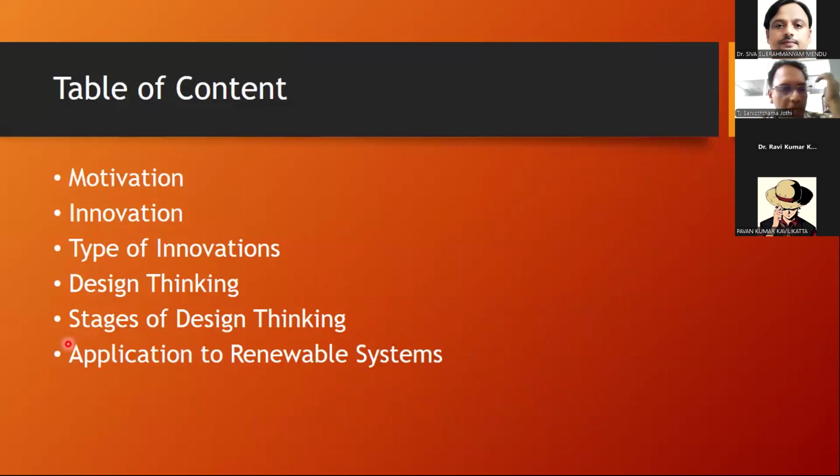First of all, I would like to explain why we have to go with this design and innovations, and why it is important in the present conditions. In India as well as abroad, the concept of startups is getting a wider reach, because a lot of new technologies, new ideas, and new inventions are coming up.